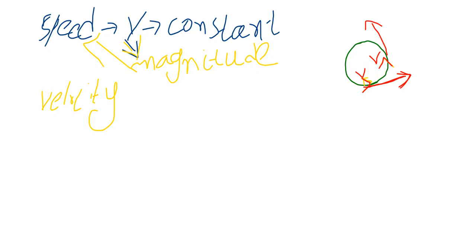Here the speed is constant and velocity changes. So when Vf is equal to Vi, we subtract these two vectors, then the magnitude of the resultant vector is 2V sin theta by 2.